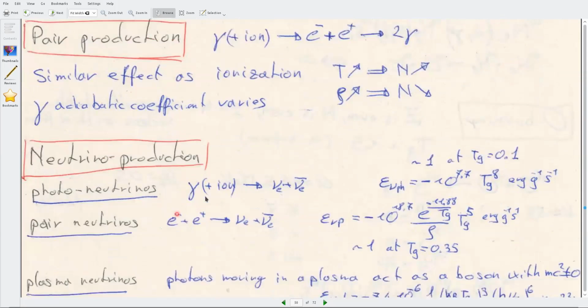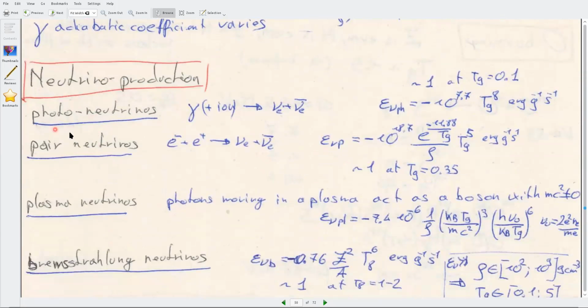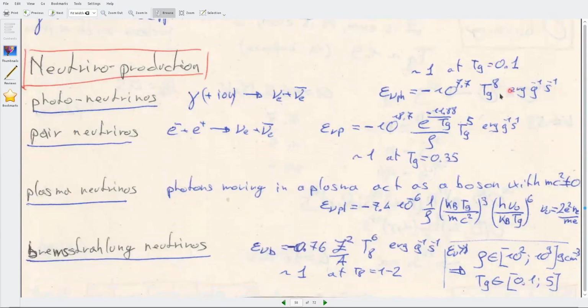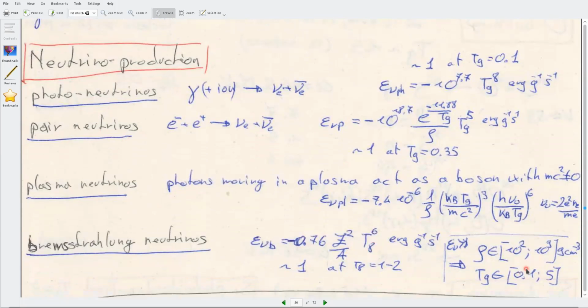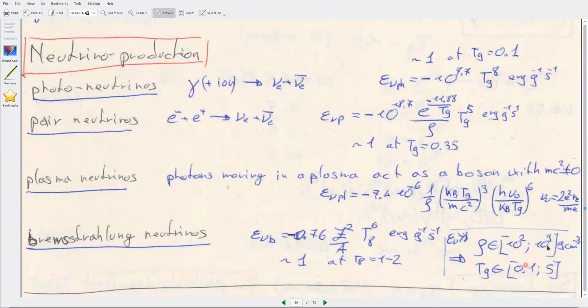Neutrino production. You have photoneutrinos, pair neutrinos, plasma neutrinos, and Bremsstrahlung neutrinos. You can see here the several behaviors, and usually you need really high density or very high temperature of the order of billion Kelvin.